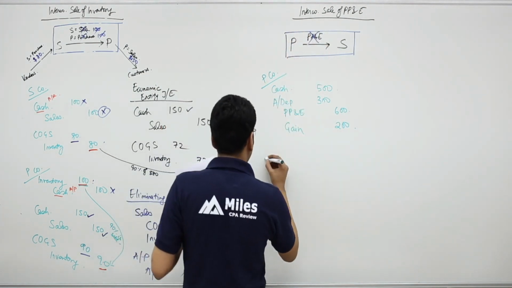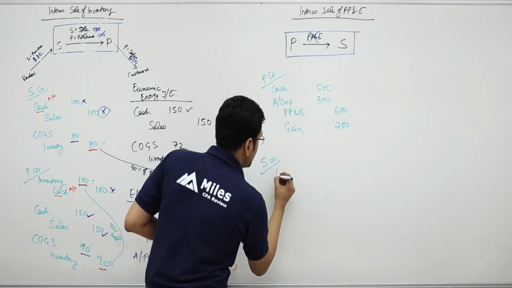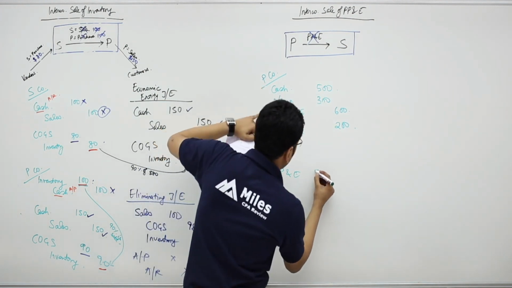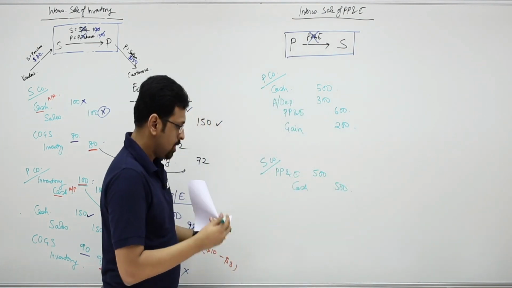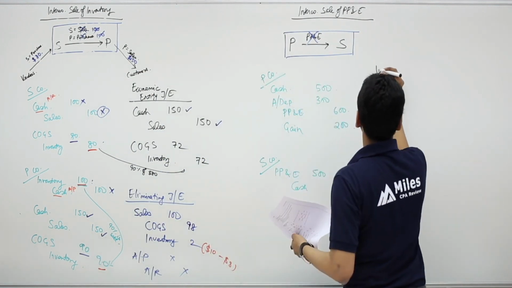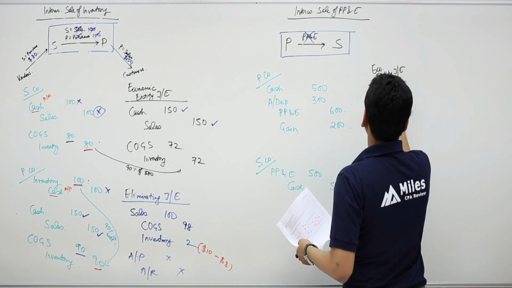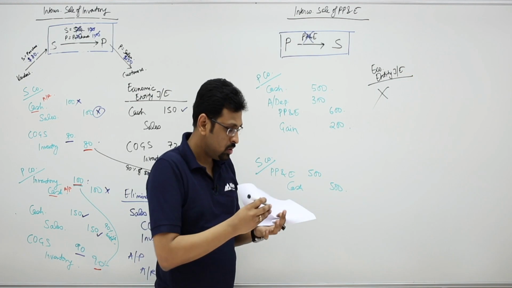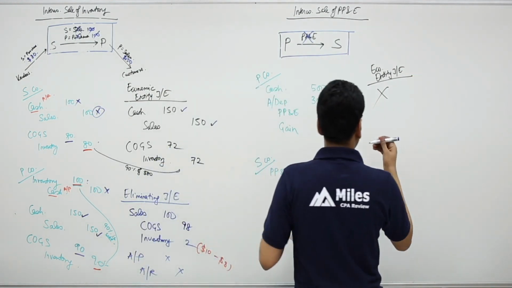Now look at the subsidiary's books. For them, this PP&E has come in. Now it didn't come in for 600, it came in for $500, the cash that they paid out for this. Now if we look at this as one economic entity, what should have been the journal entry for this? Nothing at all. Can't sell PP&E to each other. So we need to create an eliminating journal entry.